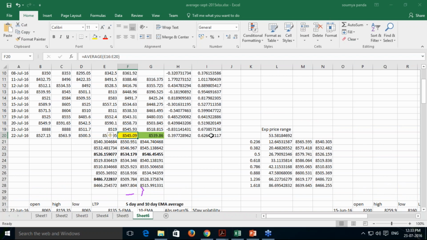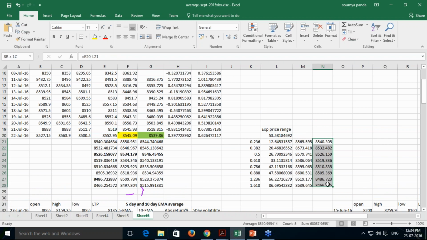So for that I am just taking the help of daily volatility, taking the last traded price of 22nd July, which was yesterday, that price range, using the Fibonacci ratios, calculating all these uptrend and downtrend price points.